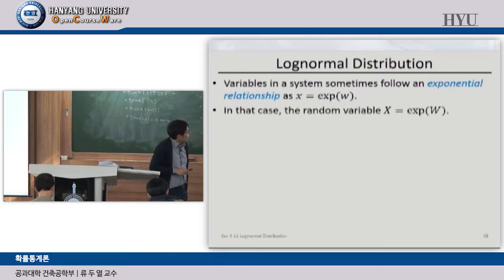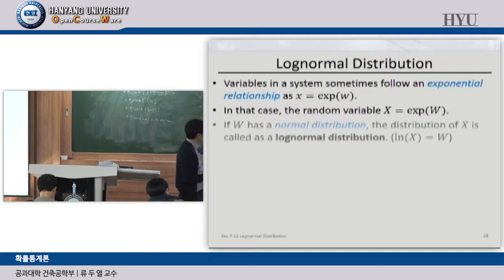In that case, the random variable large X should be equal to the exponential large W. And if W has a normal distribution, the distribution of large X is called a log normal distribution. Why? Because to get the W, we have to take the ln at both sides. Okay? So, ln x is equal to just w. Okay?